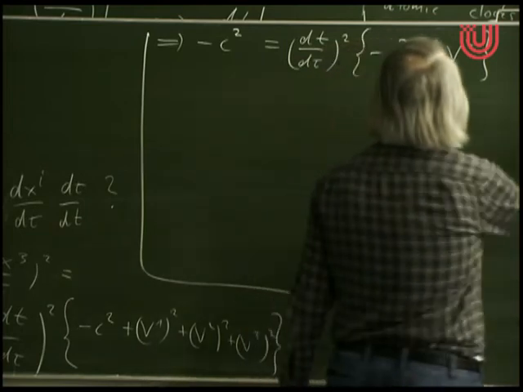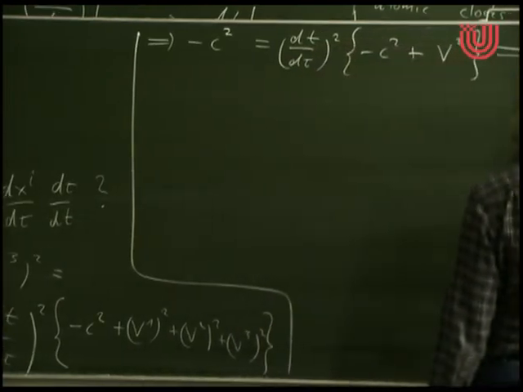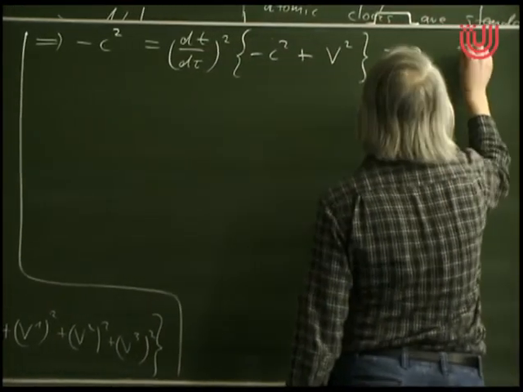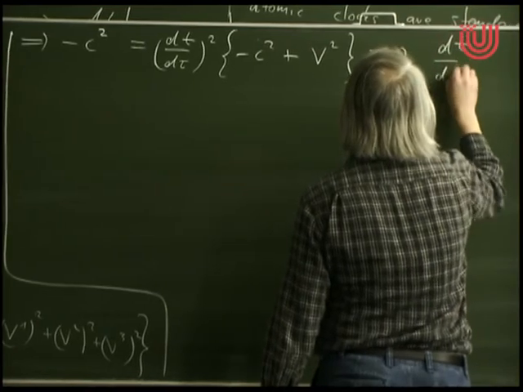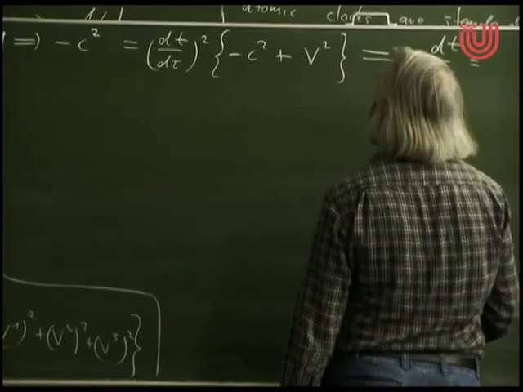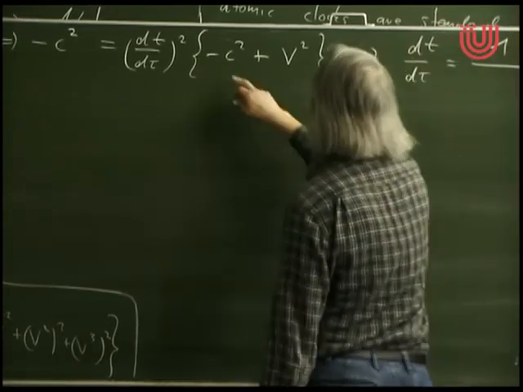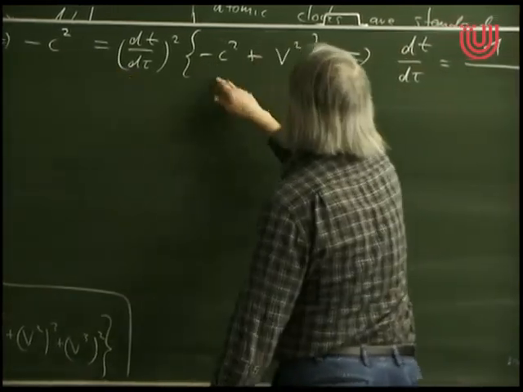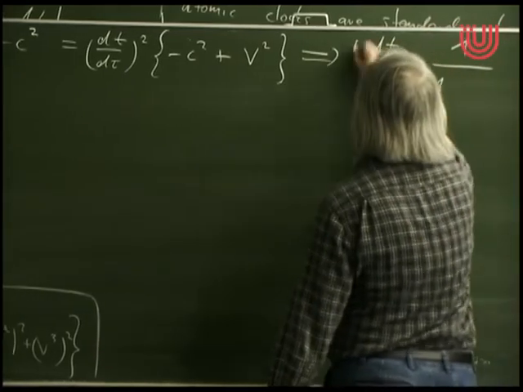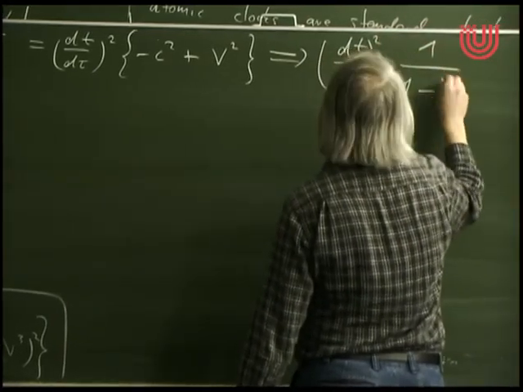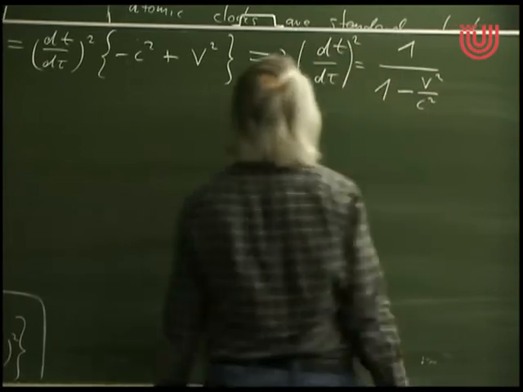So if I divide by minus c squared and take this to the other side, I get dt by d tau is, oh well, I can't do it in one step. Let's do it slowly. Then I have minus divided by minus, that's 1, minus v squared over c squared, right?